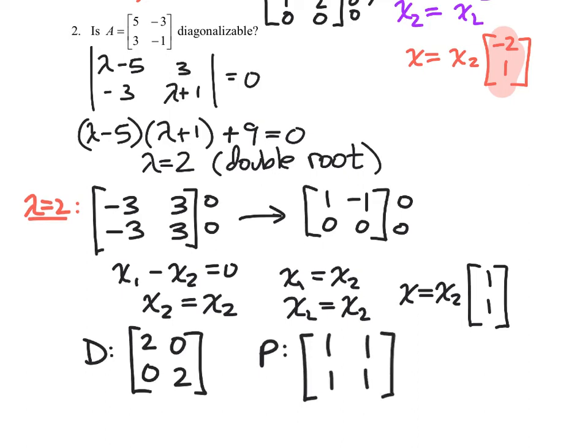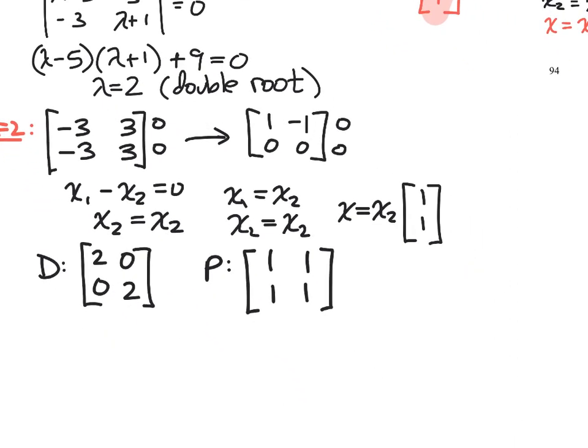All right. So herein lies the problem. So when I go to find the inverse of P, right, I can do it on the calculator. You can do it by hand, but you're going to get the same result. So I'll just put it in on the calculator just so you can see quickly. So 1, 1, 1, 1. You get a determinant equal to 0, all right?